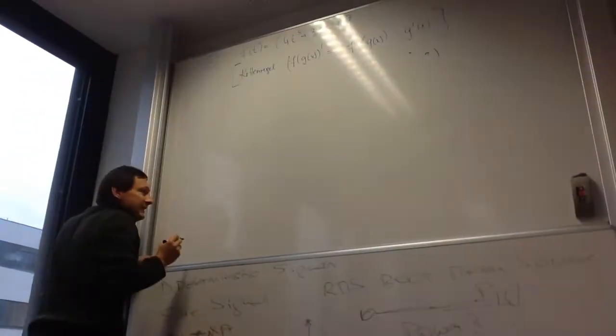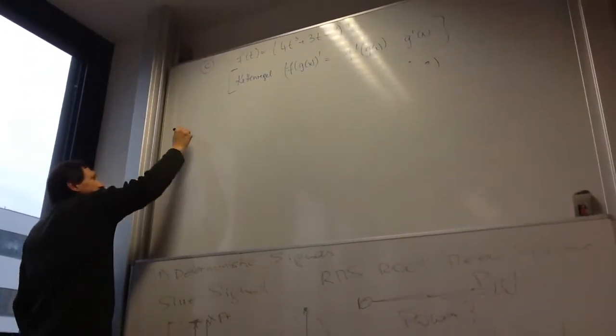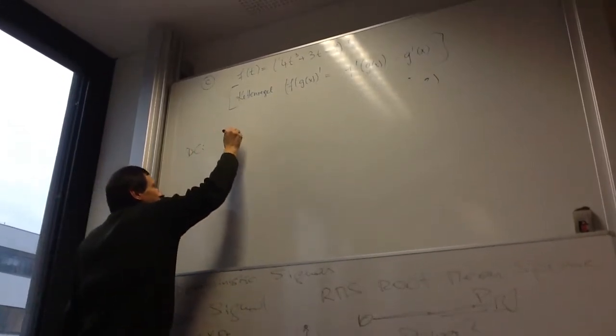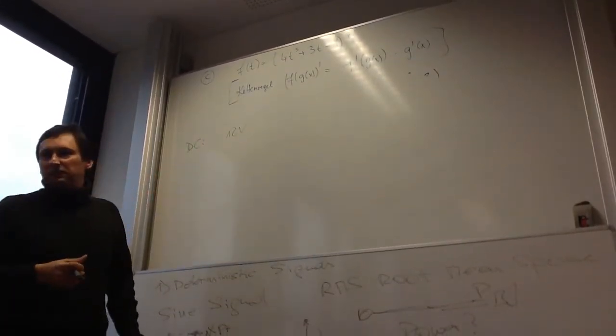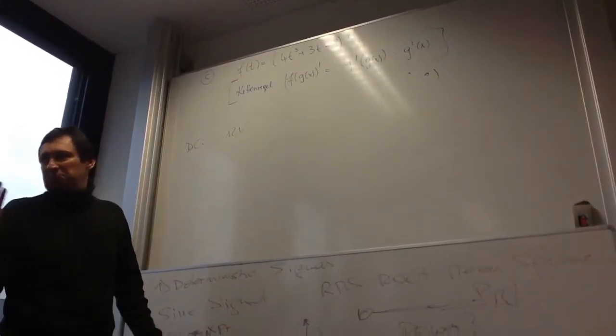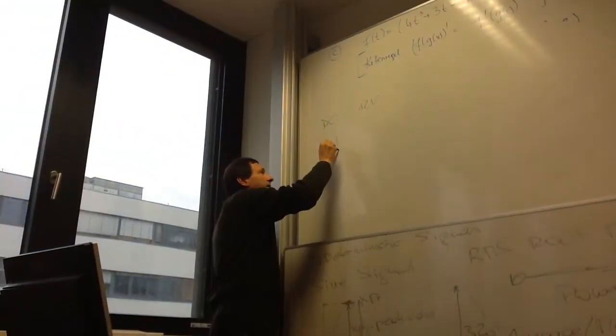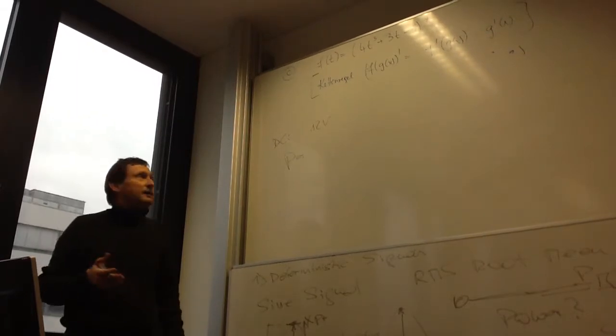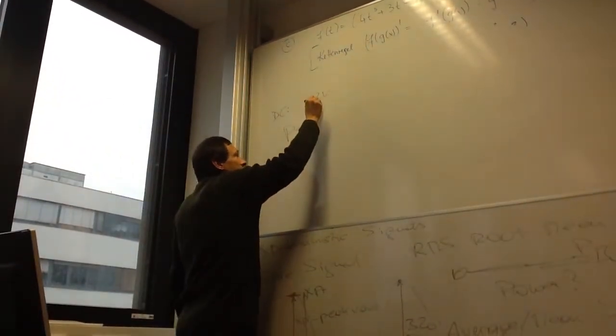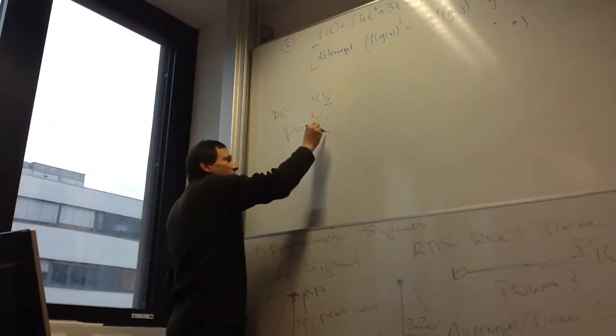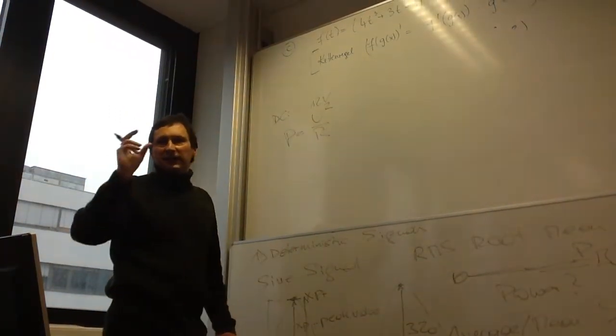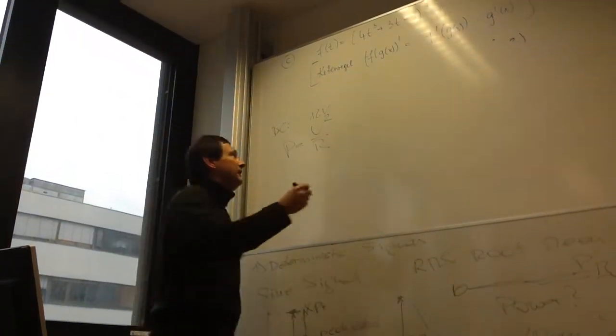For DC signals, it's quite easy. For DC, let's say we have a 12-volt battery. How can we calculate the power? It's U squared over R. Let's say we connect the resistor to the battery.